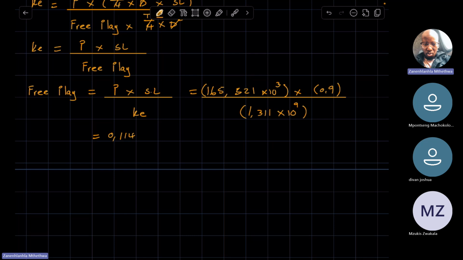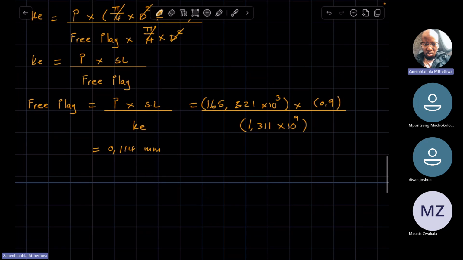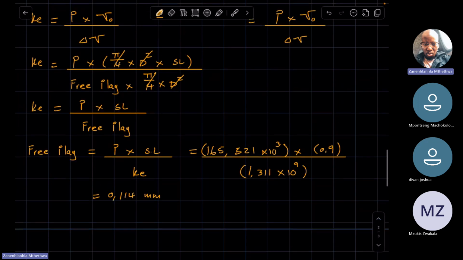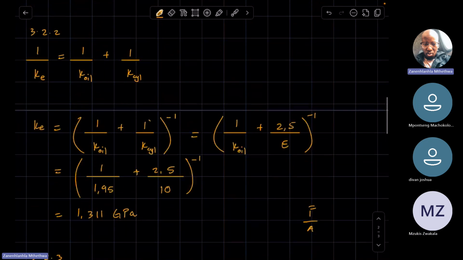Remember, this has to be in millimeters, so instead of writing times 10 to the 3, you just replace it with millimeters. Any questions here? All clear.